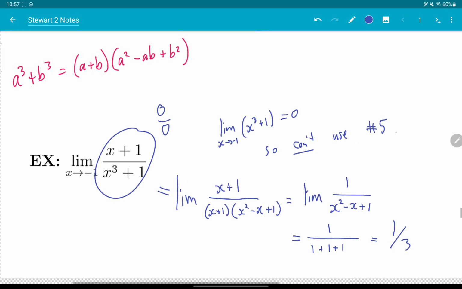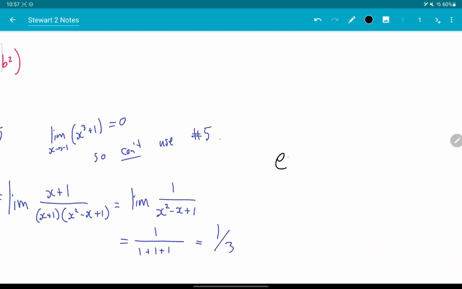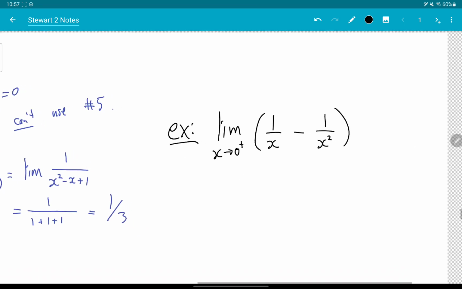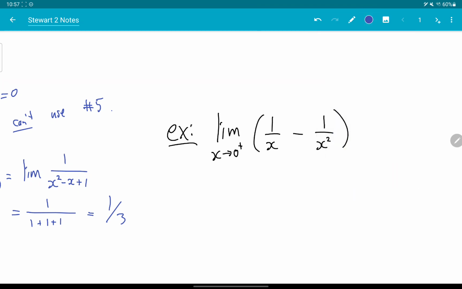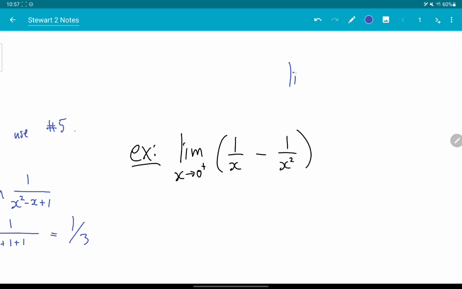Okay, another example where limit laws will fail you. How about limit x goes to 0 plus of 1 over x minus 1 over x squared. Now, the two separate limits are both infinity.